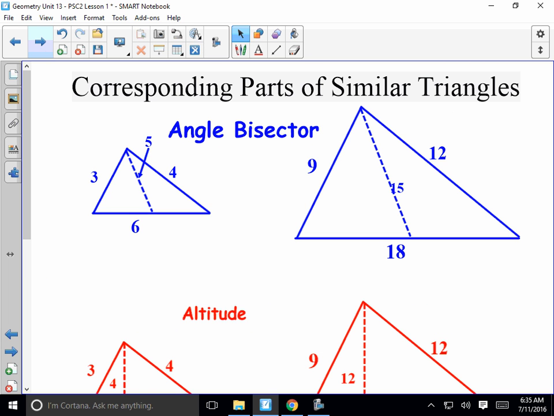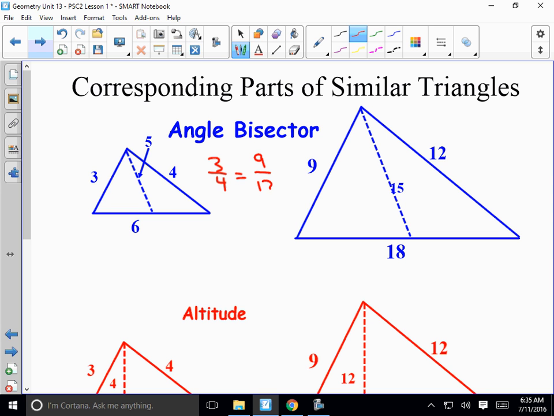So now, when we look at triangles, we can look at these triangle pairs that we have here. We can test for similarity. So when we're looking at the two triangles here, I'm going to set up the ratio 3/4, left side over right side, make sure that it equals 9/12. And I'm just looking at the triangles themselves overall.